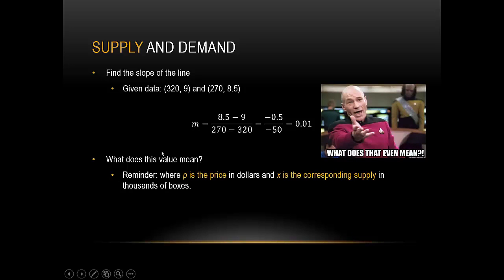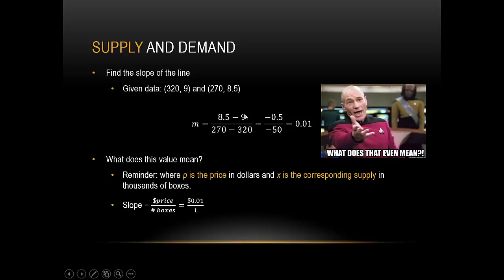Now, because you're in a business calculus class, if you were just in a math class, we'd say the answer is 0.01. The problem is you've got to go to your boss and say 0.01, and your boss is going to say, a penny? What does that mean? This is why we like our slope written as a fraction, because remember, it's the change in one variable over the change in the other.